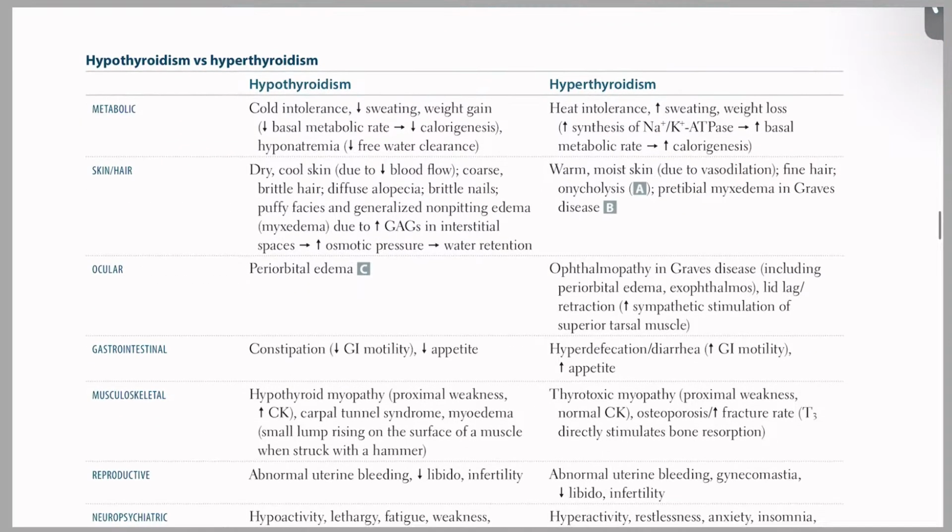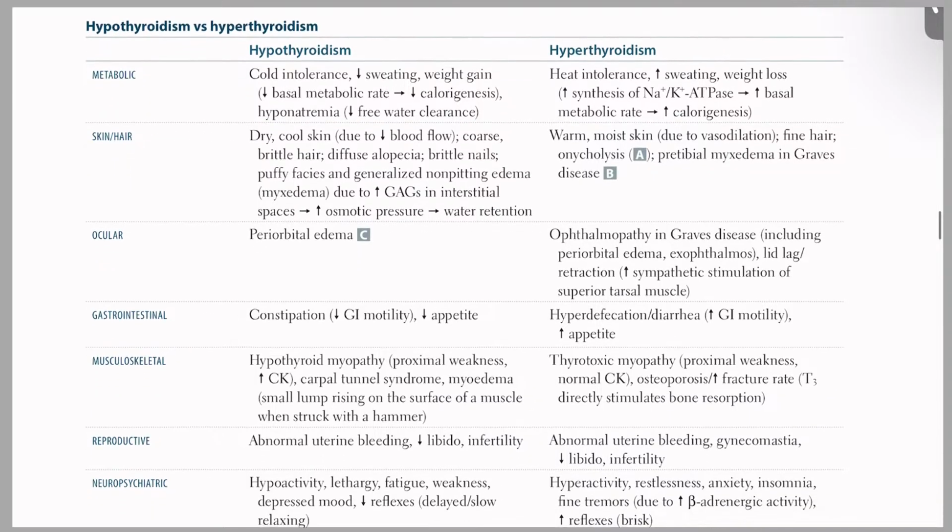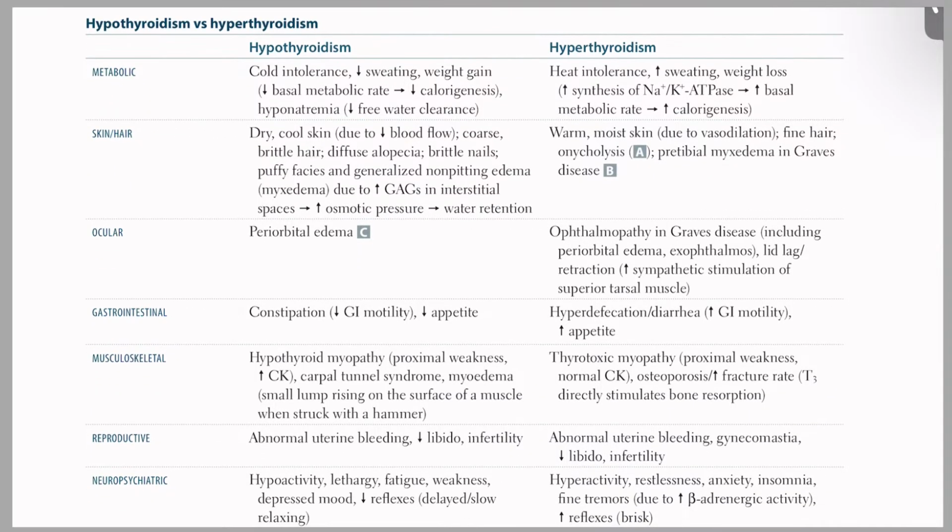In hyperthyroidism: warm, moist skin due to vasodilation, fine hair, onycholysis, and pretibial myxedema in Graves' disease. Okay.